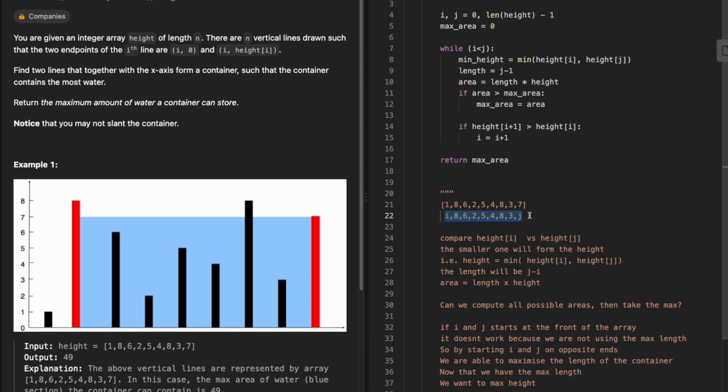If I increment i all the way, and then I decrement this all the way, I will be able to get all the different sizes of containers from here to here.